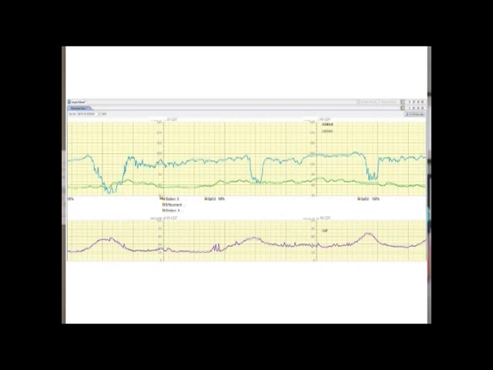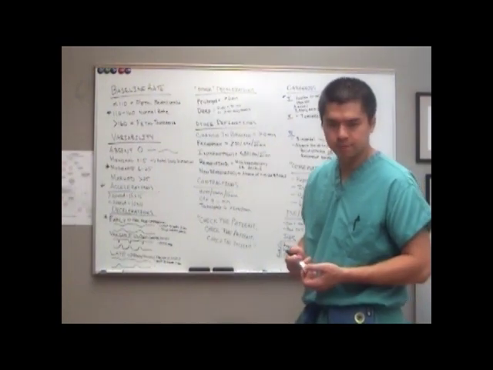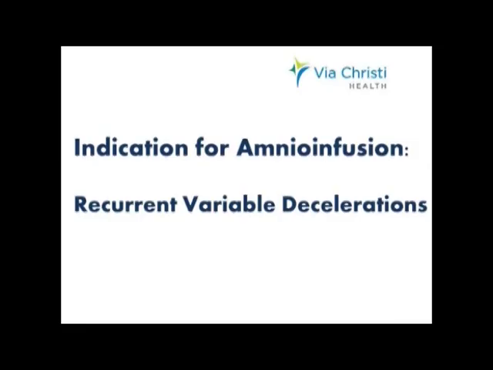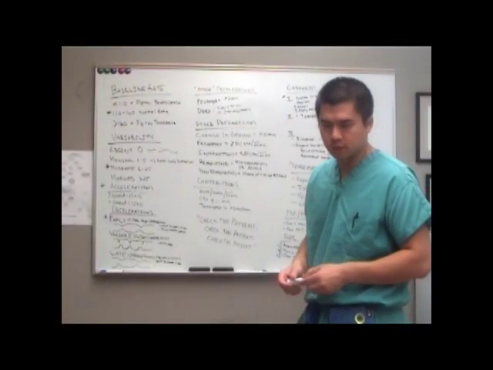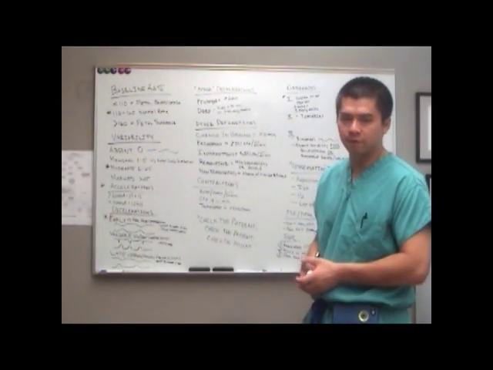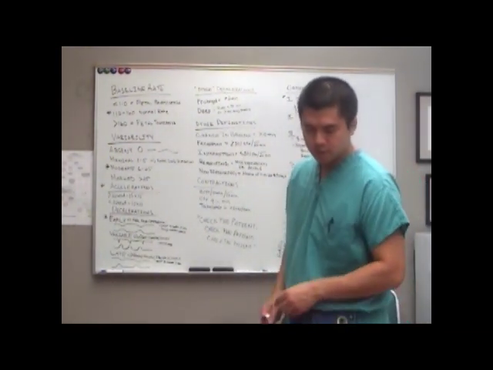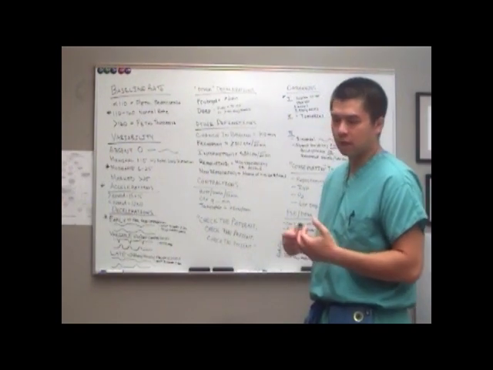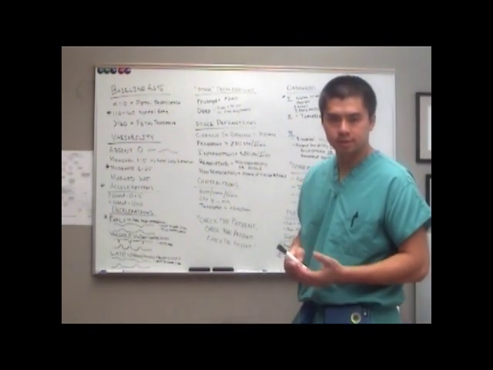The cord compression. And what is a treatment for recurrent variables? An amnioinfusion, which you need what device for? An IUPC. So this would be a time when you can put an IUPC in for an amnioinfusion for the indication of recurrent variables.